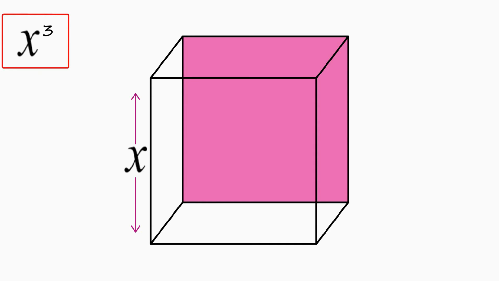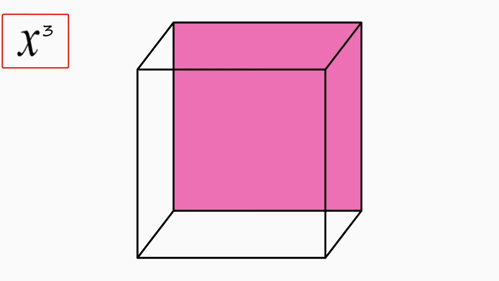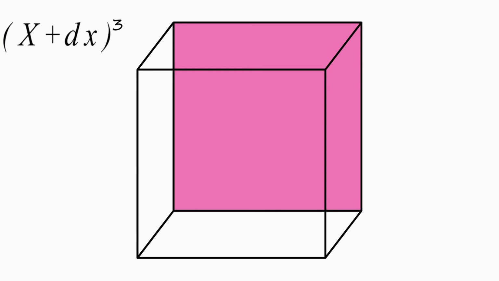Now, according to the definition of a derivative, we have to know the ratio between how much the entire cube will change by the tiny change caused by dx. And also remember that we are making this change approach 0. I'm not asking you to imagine anything related to infinity, but just something really small which is not 0.